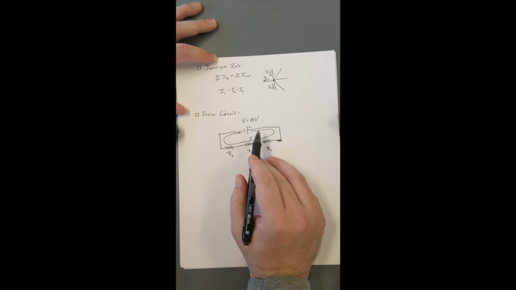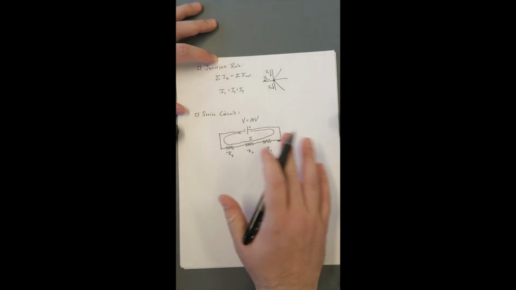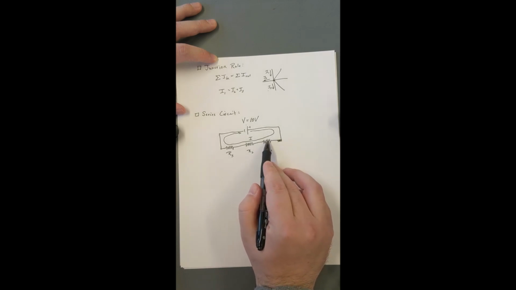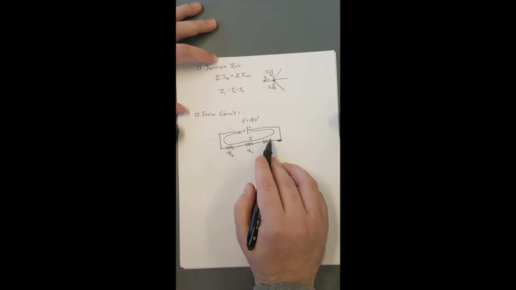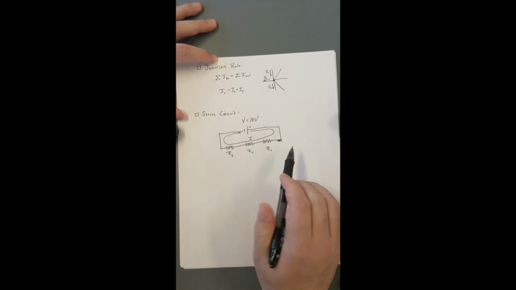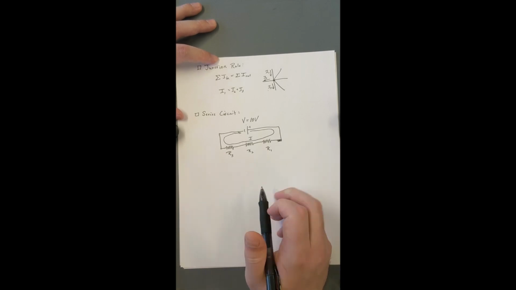But you'll hopefully notice that the current is not being split amongst the resistors themselves. The resistors are in series, and the current is flowing equally into each of these resistors, and hopefully what we'll see in the demonstration is that the current is the same in each of those resistors.